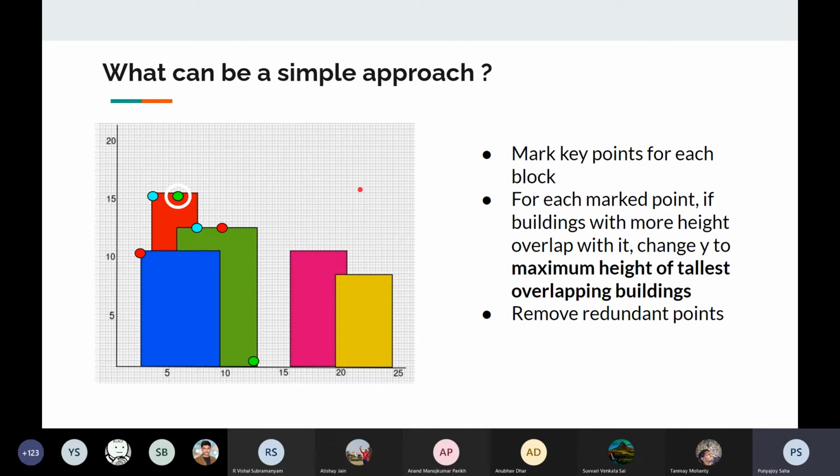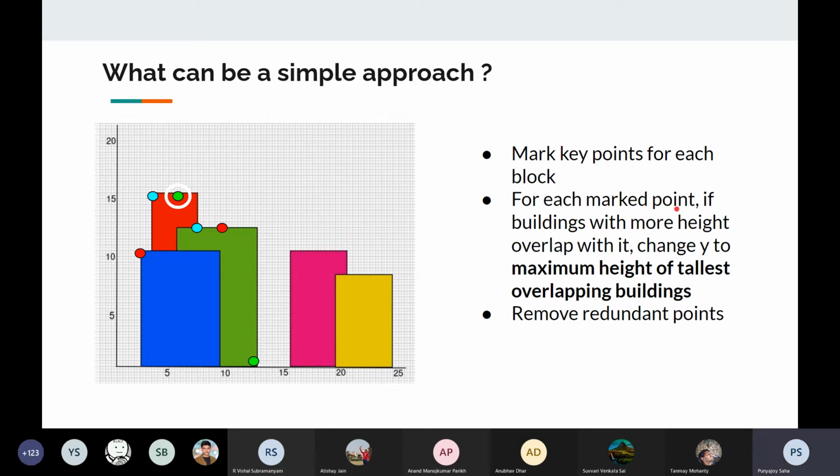But yeah, any questions? Yes, sir. How can we know the tallest among the overlapping buildings, not the current one? Yes, not the current one. So the mark point should be part of a building.